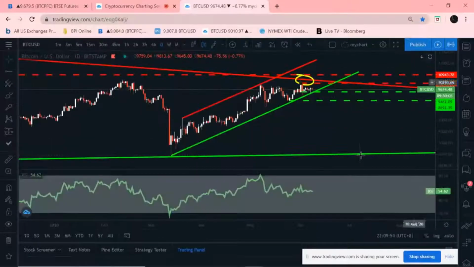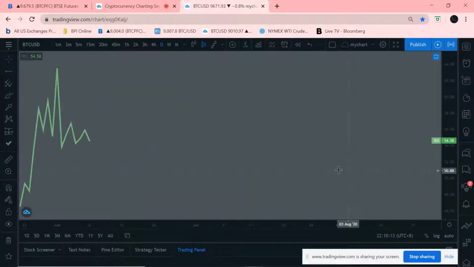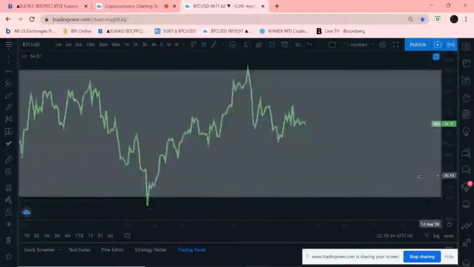Now let's check on the RSI. The RSI is actually going down.